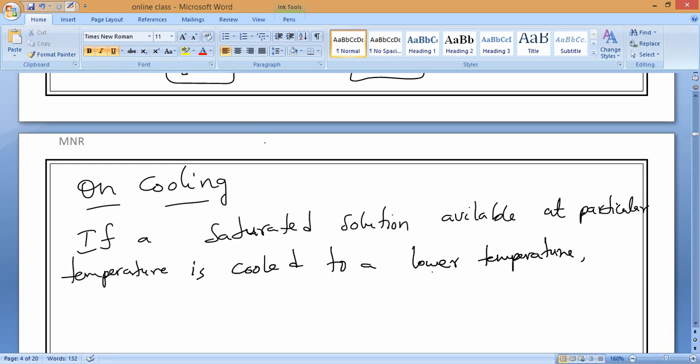Will it become less solubility or more solubility?